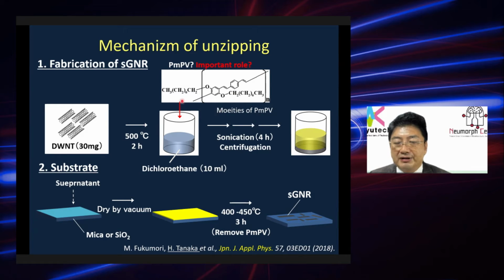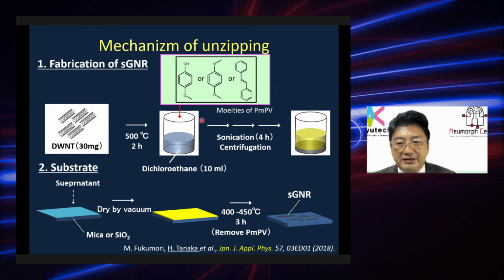In the references, people use this to avoid aggregation of graphene nanoribbon, and they didn't care what the role of this material was. But we thought this material has some role in unzipping, so we tried to find it.